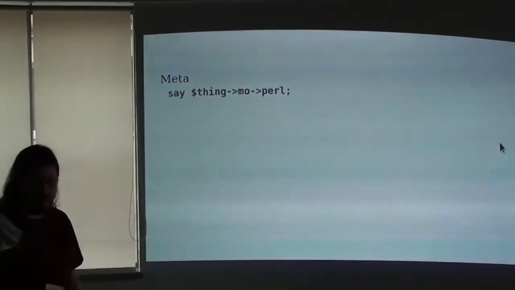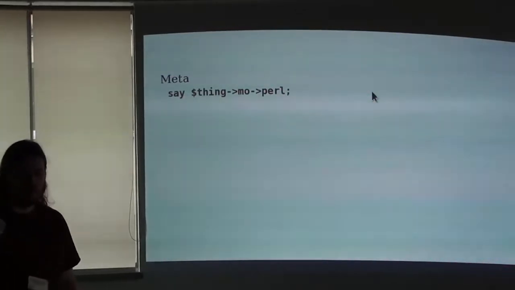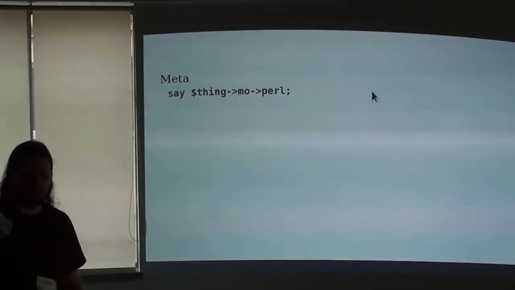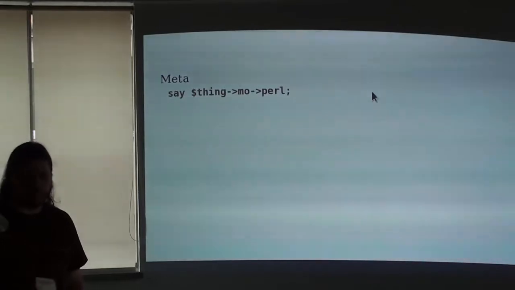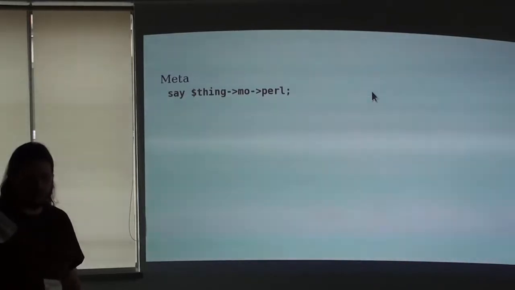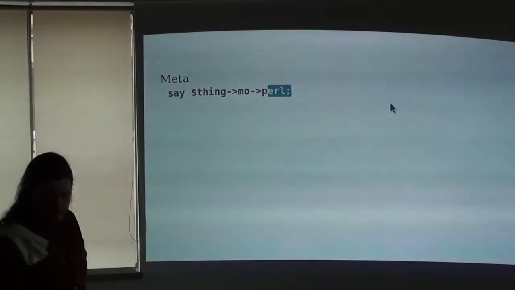For example, the name is stolen from Perl 6. You can give it some object, and then it will be stringified to its dumped representation, like Data::Dumper and so on, these kinds of modules. It is returned by the perl method. And what else do we have?